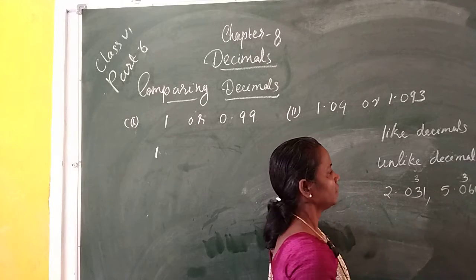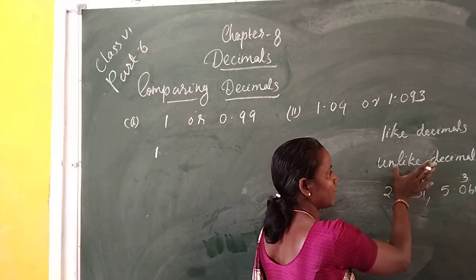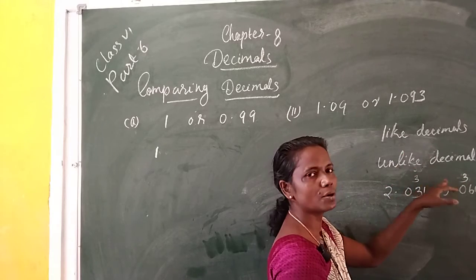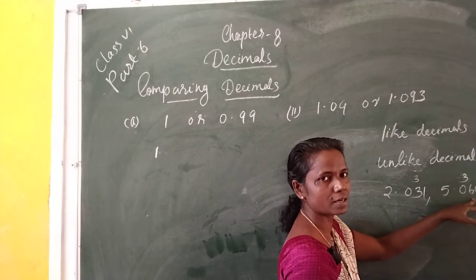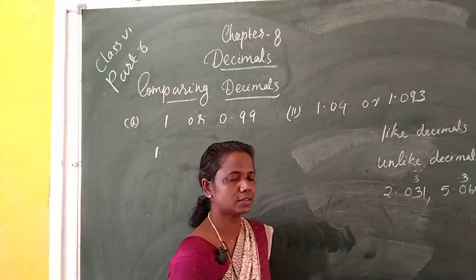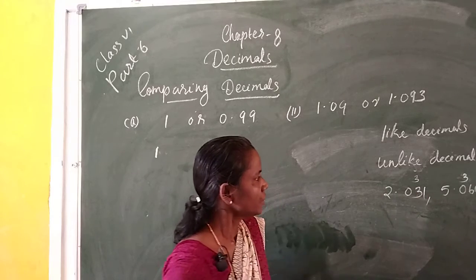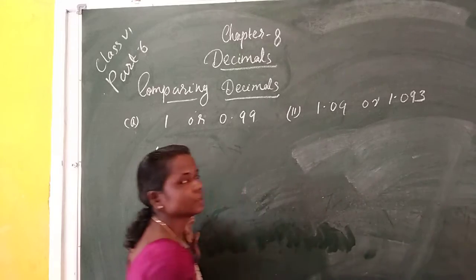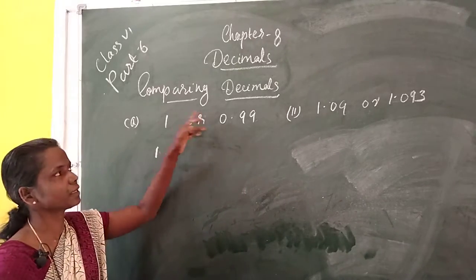Is it clear? So unlike decimals we can convert into like decimals. How? We put 0 at the right side, and its value does not change. Now we can compare decimals.